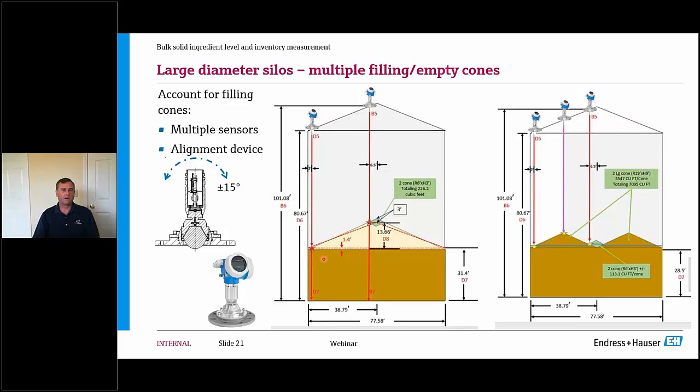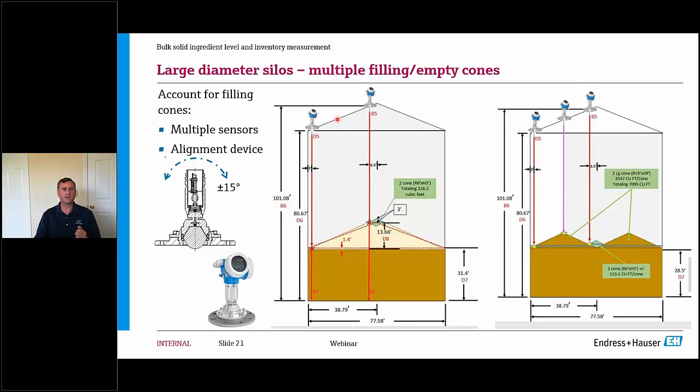The other part of getting the average value, let's say if you only have, like in the picture here on the left, instead of using 2 sensors, you may also be able to just use 1 unit and then use what we call an alignment device. And actually this alignment device is built into the flange on the unit itself here. And this essentially allows you to aim that level sensor.